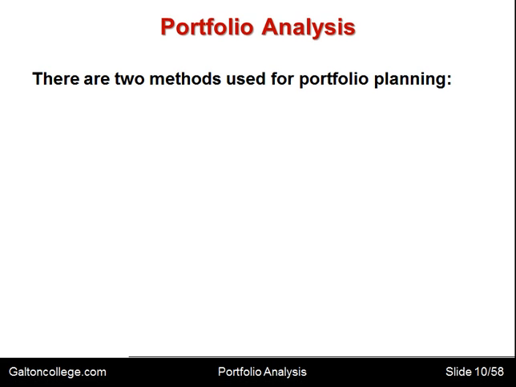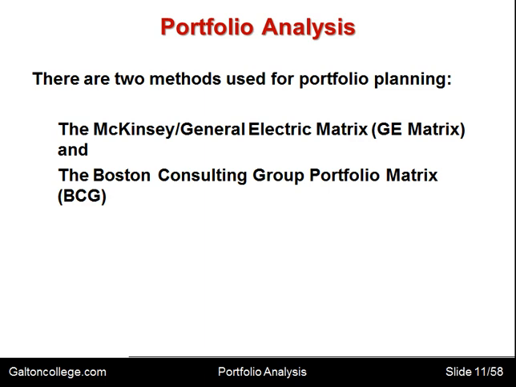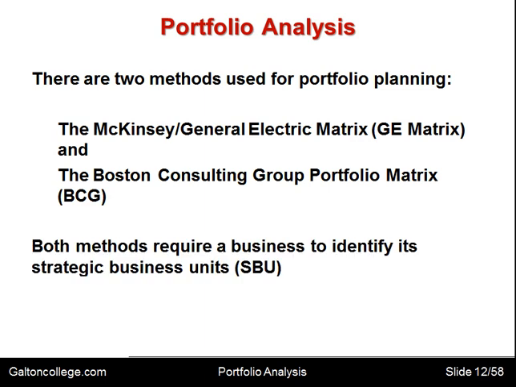We instead will focus on the methods, which required the business to identify the strategic business unit, and we will focus specifically on the General Electric Matrix, the GE Matrix.